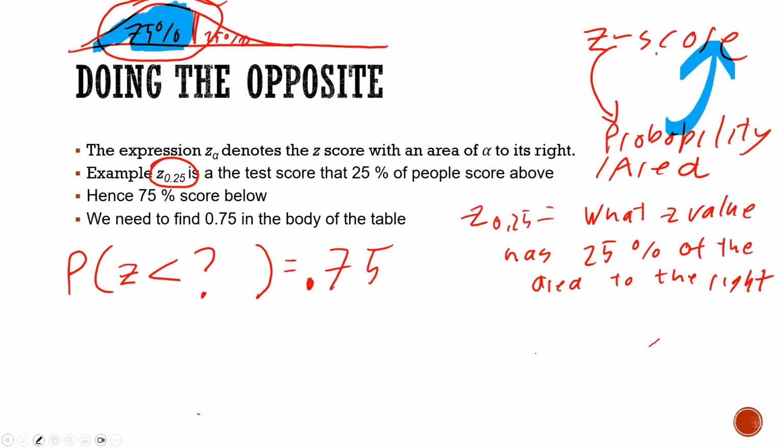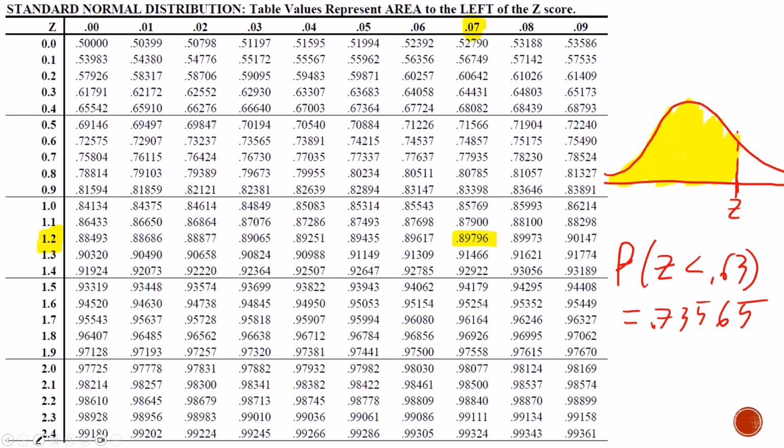Also notice we're going to be finding 75 in the body of the table, right? So we're right of center, so let's make sure you're on the right side of your table here. So this is the correct side of your table, right?